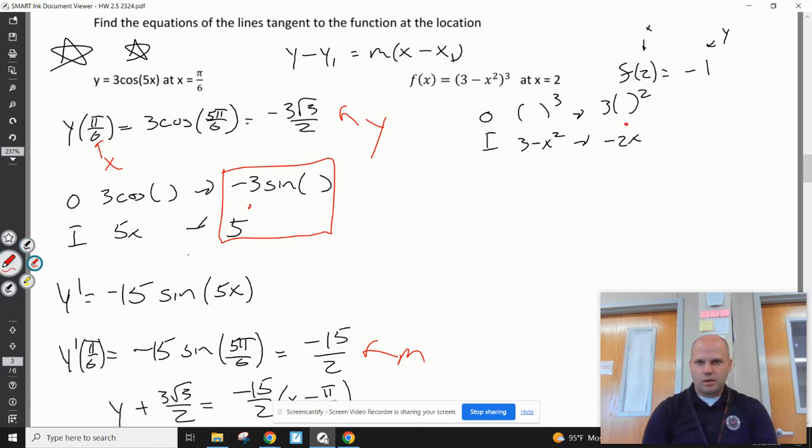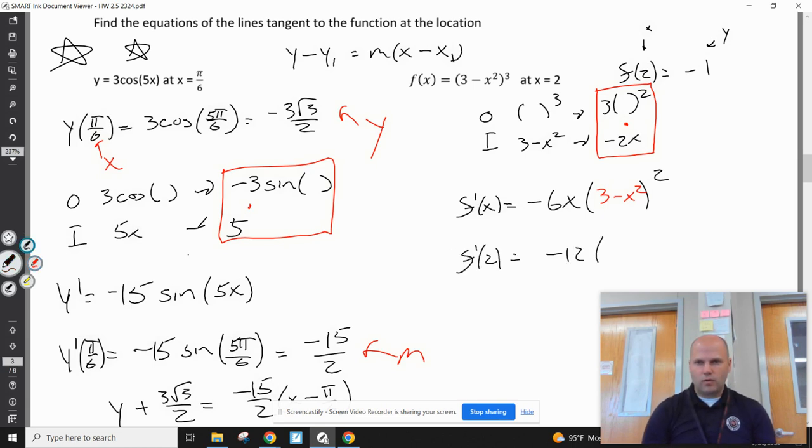Multiply this together. Let's multiply the 3 and the negative 2x together. Negative 6x parentheses squared. What starts in the parentheses stays in the parentheses. Plug in 2. I get negative 12 times negative 1 squared, which is positive 1. So I get negative 12.